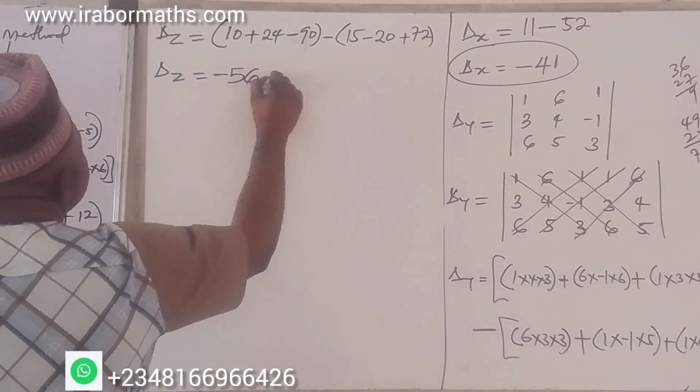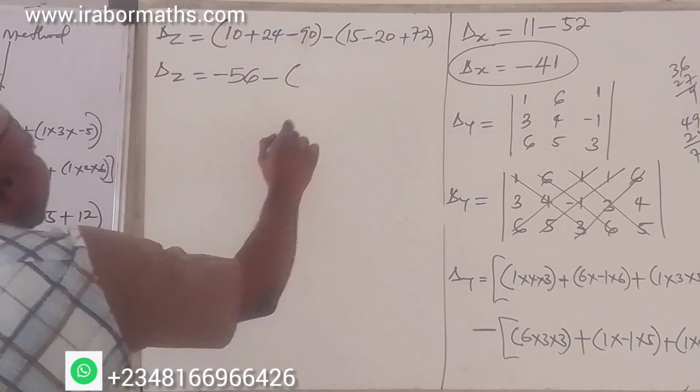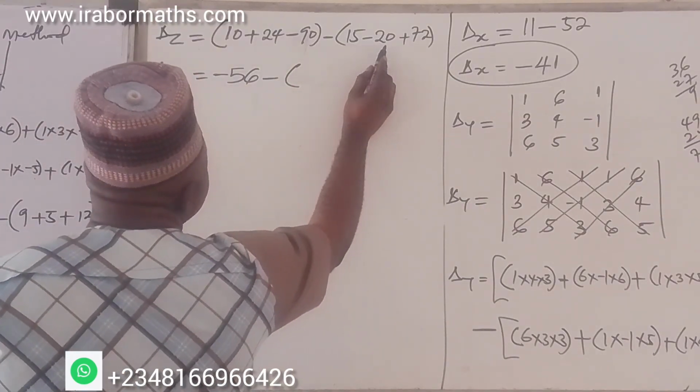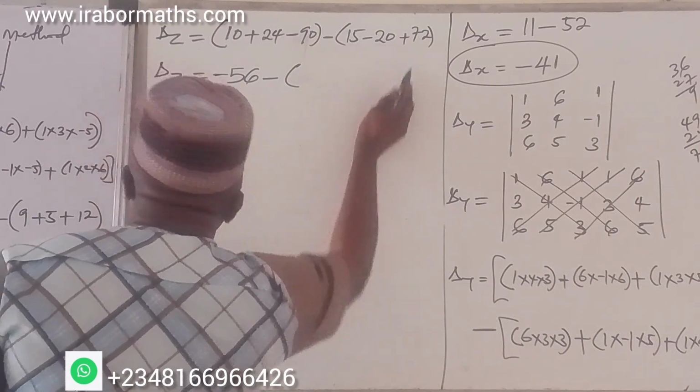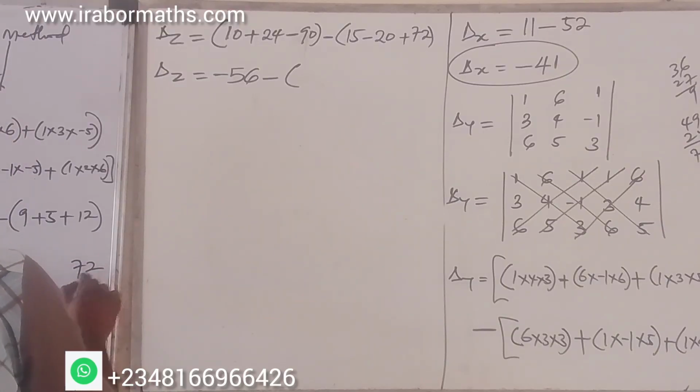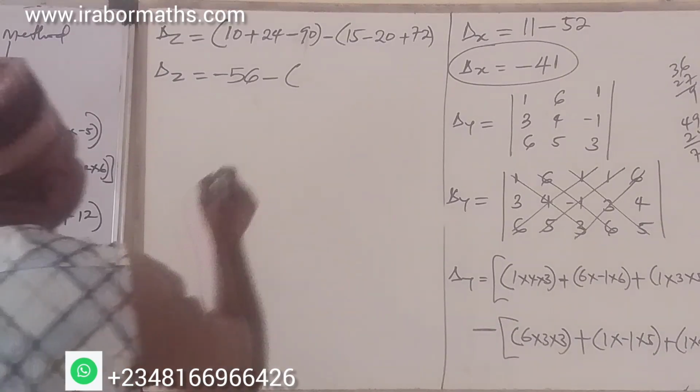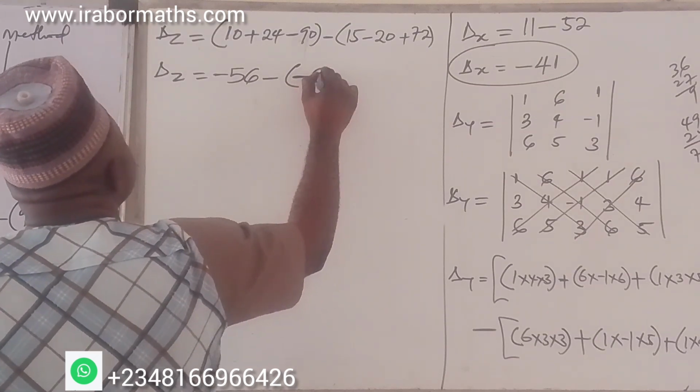Then here we have minus. Now let's look at this. 15 minus 20 is minus 5. Minus 5 plus 72, that's 67.